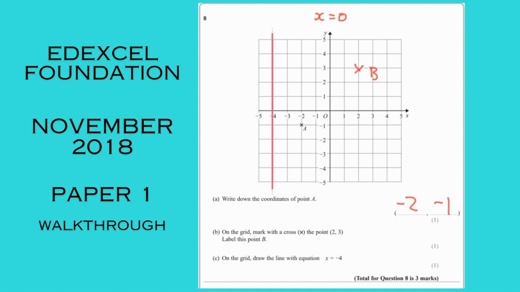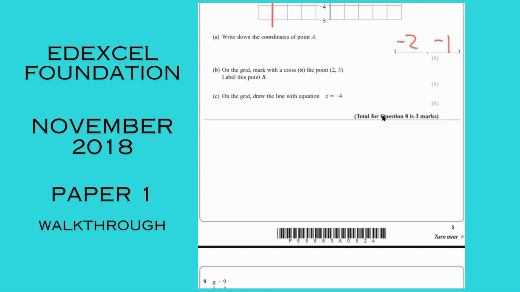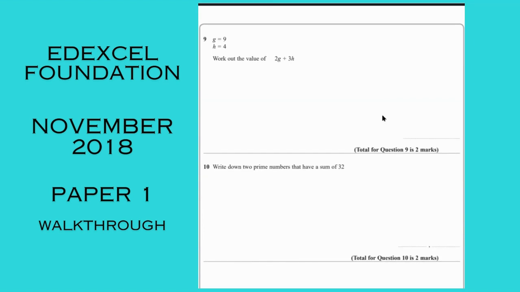So nothing more than a vertical line going through -4. And obviously for horizontals, the x-axis is y equals 0. So anything like y equals 2, that would be a horizontal line through 2.